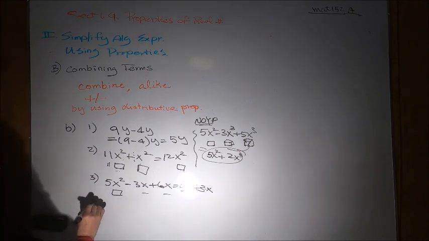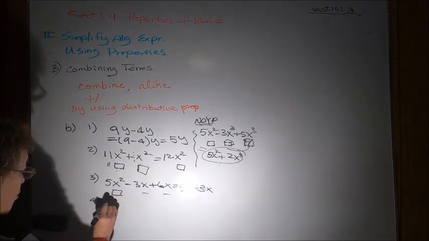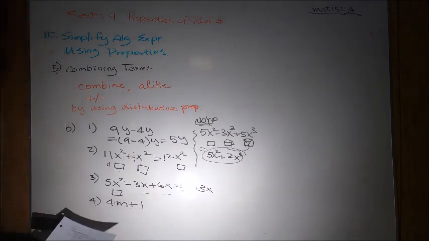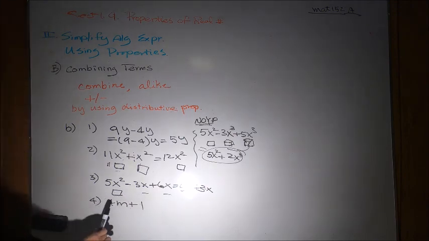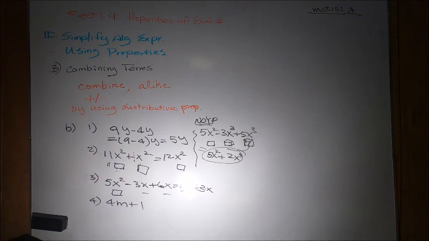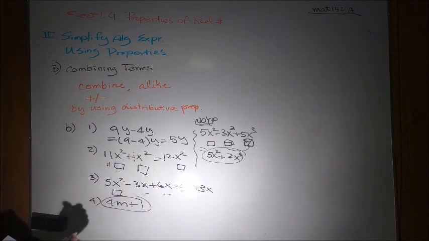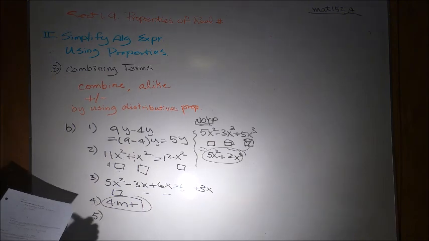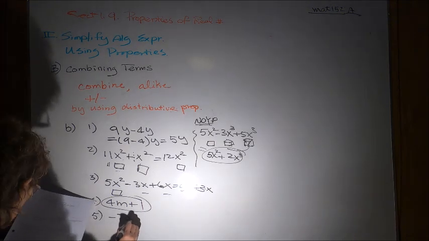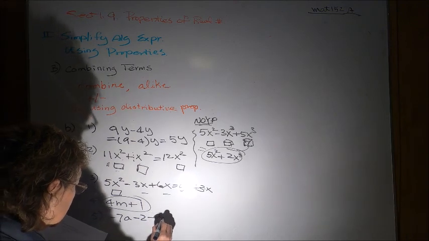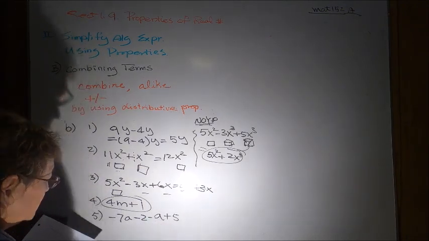So next one, if you have 4m plus 1, how many terms do you have? 2. Are they alike? No. So that would be your answer. Okay? Next one, if we have negative 7a minus 2 minus a plus 5, what do you think?